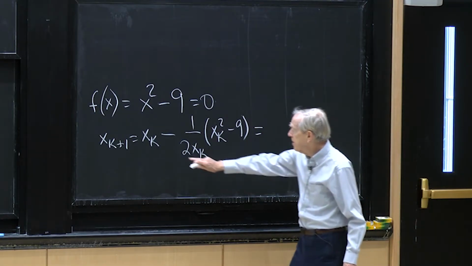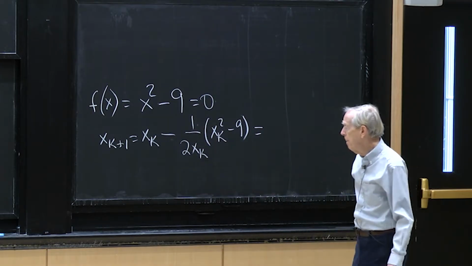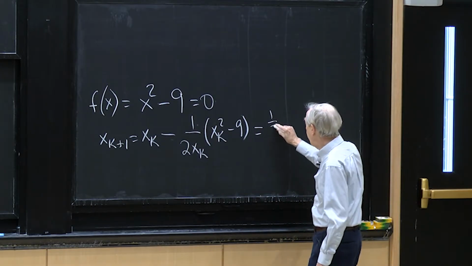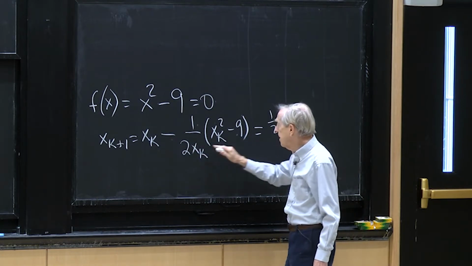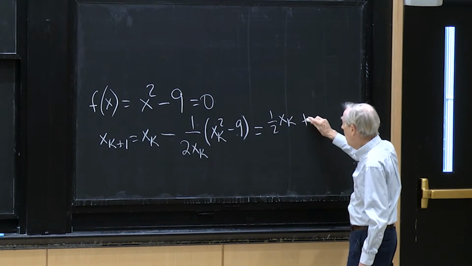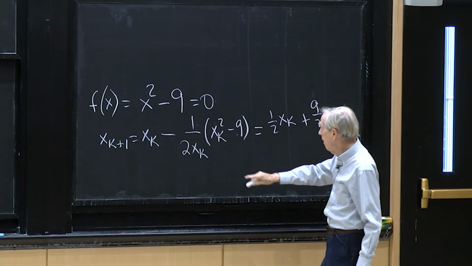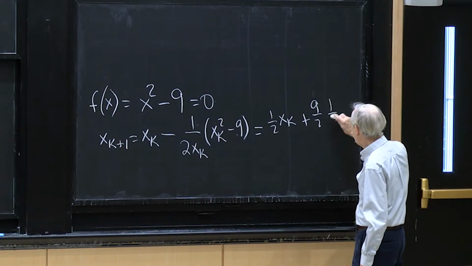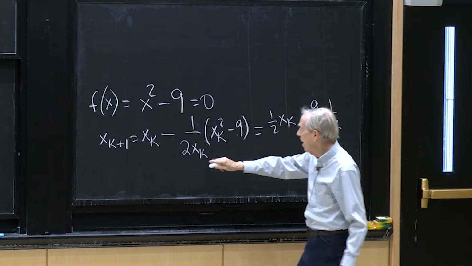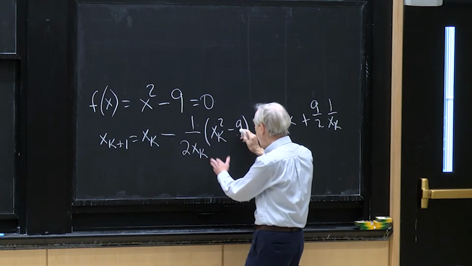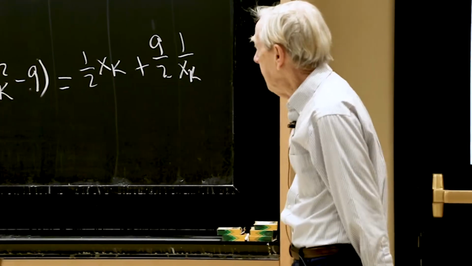So here I have xk minus a half of xk. So I think I have a half of xk, and then this times this is 9 halves of 1 over xk. Is that right? Half of xk from this stuff, and plus 9 halves of 1 over xk.